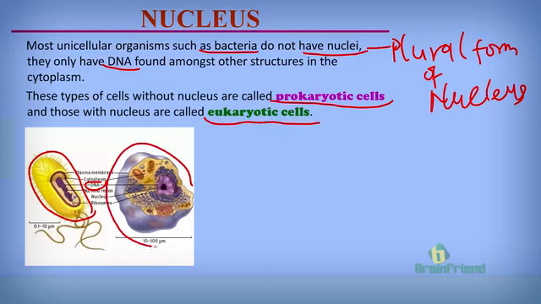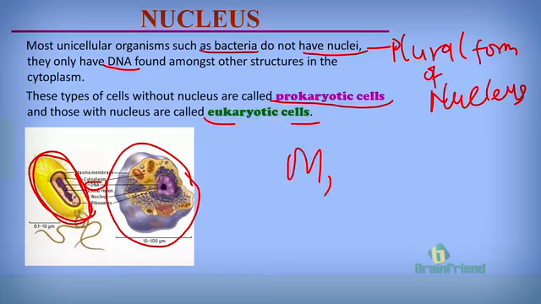This is an example of a eukaryotic cell. Eukaryotic cells are found in most unicellular, most multicellular organisms. Prokaryotic cells, such as the cells found in bacteria, also do not have some membrane-bound organelles. So they don't have organelles such as the mitochondria.